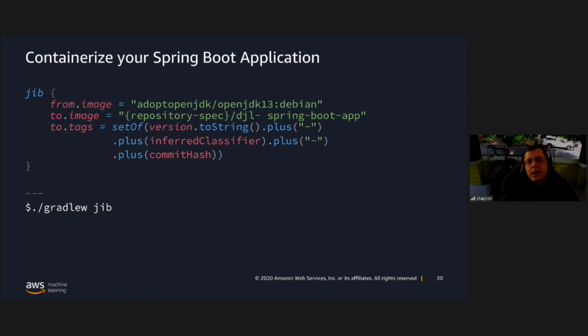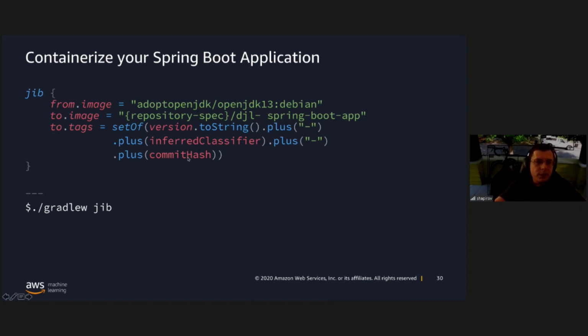The next step is we can containerize your Spring Boot application, which is quite good for containers. And in our example, we're going to use Jib for that. It's a distroless plugin for Gradle and Maven, which can produce a container image without the Docker daemon running on your machine, or with it if you prefer it that way.